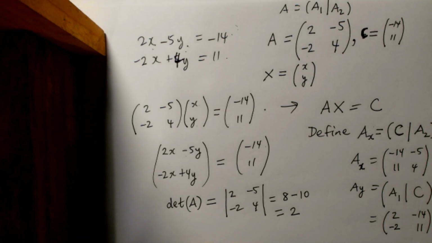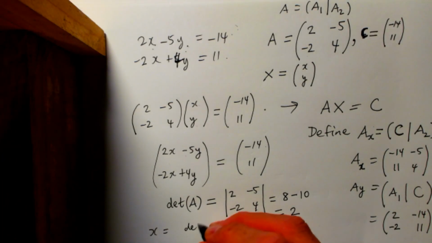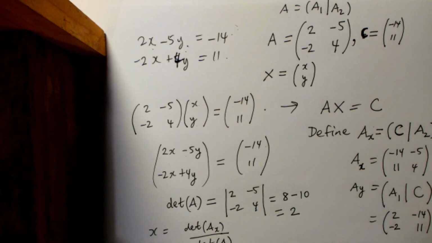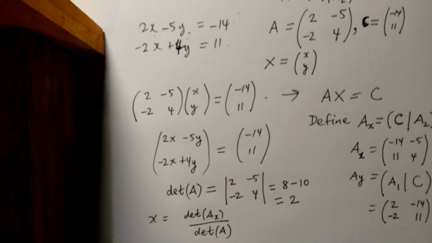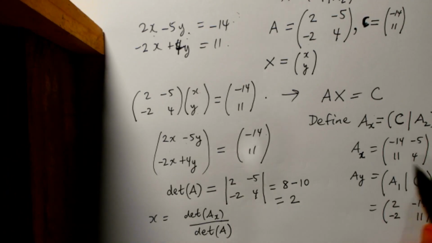Alright, now Cramer's rule would say that x is equal to the determinant of Ax over the determinant of A, and so we need the determinant of this matrix as well, but let's do that just looking at this, and then we'll write it here.